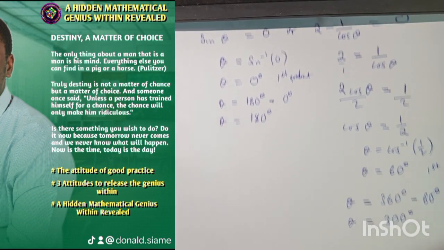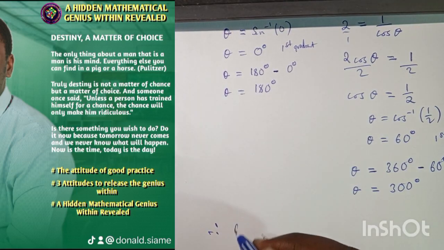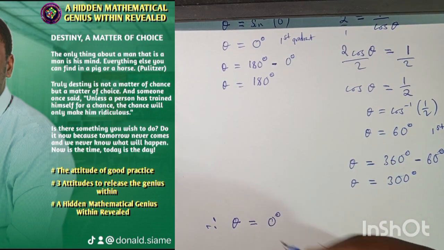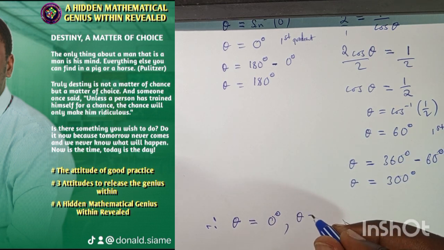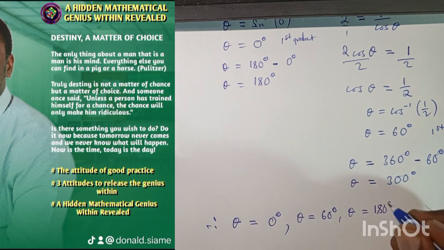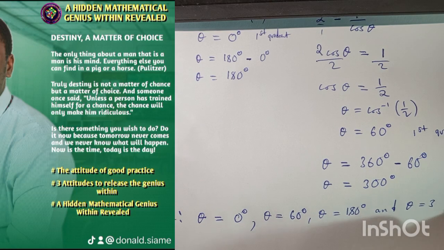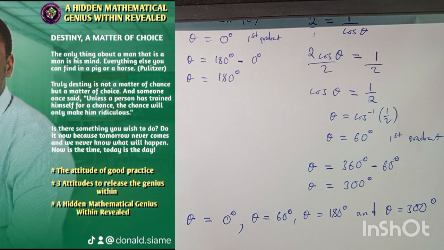So therefore, theta is equal to, the first one was 0 degrees. You can write them in ascending order. Then we have theta is equal to 60 degrees, and theta is equal to 180 degrees, and theta is equal to 300 degrees.